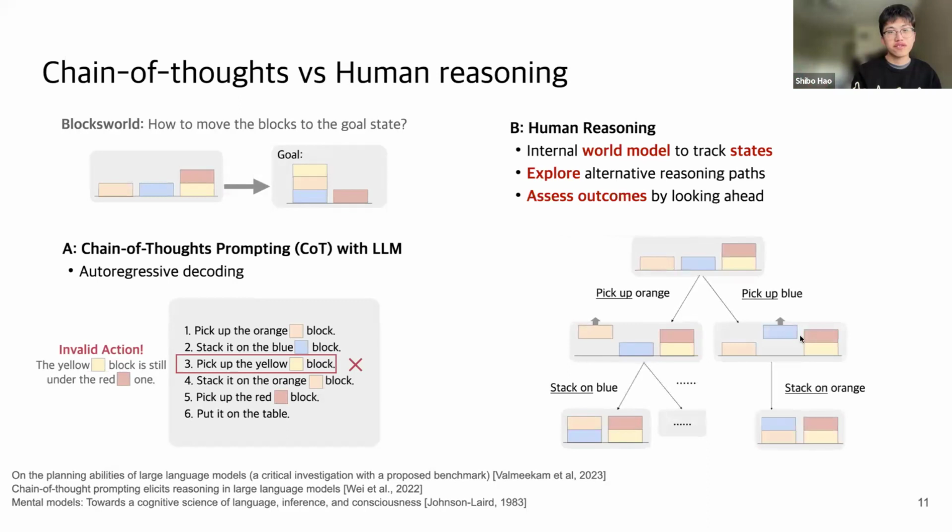And at the end, humans can have a rough assessment of the outcome by estimating possible future scenarios. In this case, the state in the green box already has the orange block on the red block, which partly aligns with the goal state. So we think this might be a better state.